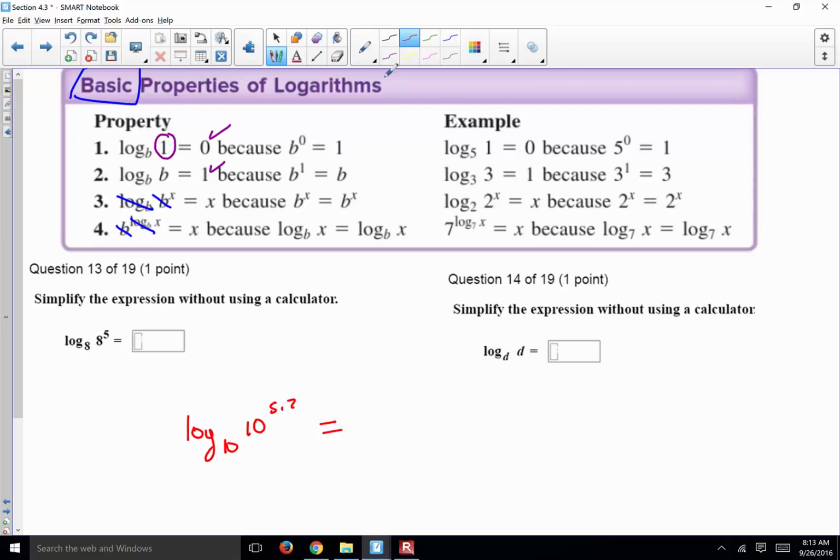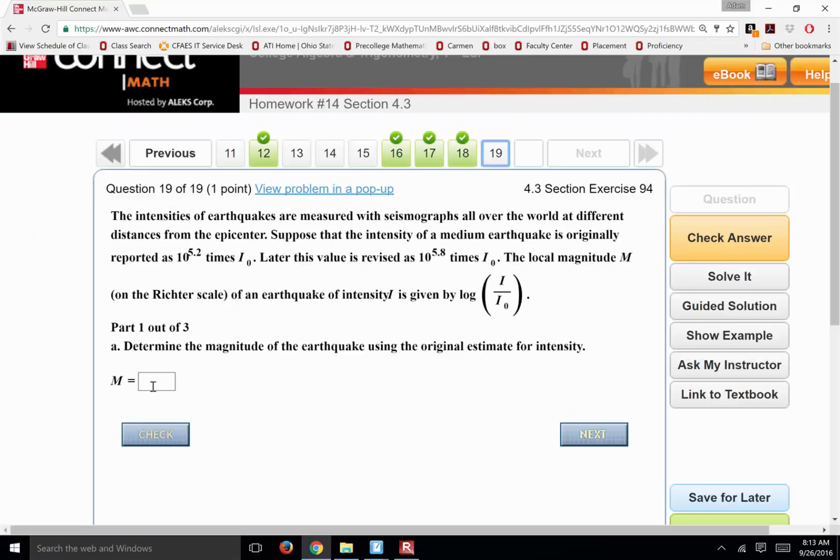Which law are we going to use here? It's 3. If you have a logarithm where the base of the exponential and the base of the logarithm match, we cancel, and the result is 5.2. So it was a medium-sized scale. 5.2 is about an average earthquake.